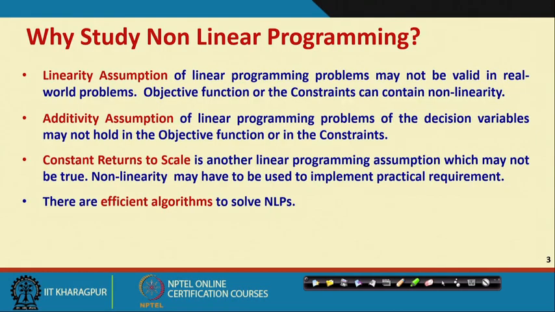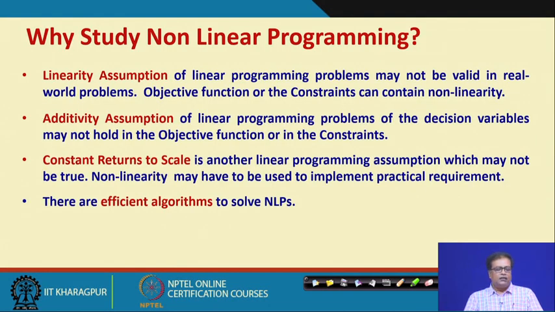Then there is the additivity assumption, which essentially says that decision variables may not hold additivity in the objective function or in the constraints. What happens in the additivity assumption? Suppose we have two variables, x1 and x2, using a common resource, say 40, and 2 units are taken by the first and 3 units are taken by the second per unit.